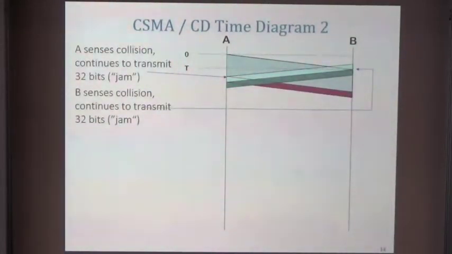Now, A continues to transmit and senses while transmitting that there is a collision. So it will force the collision to be long enough by sending the jam bits. Now, B will also sense the collision. In fact, B will sense it much before A. So both A and B have sensed that there is a collision. And that's the main thing we want to reach.